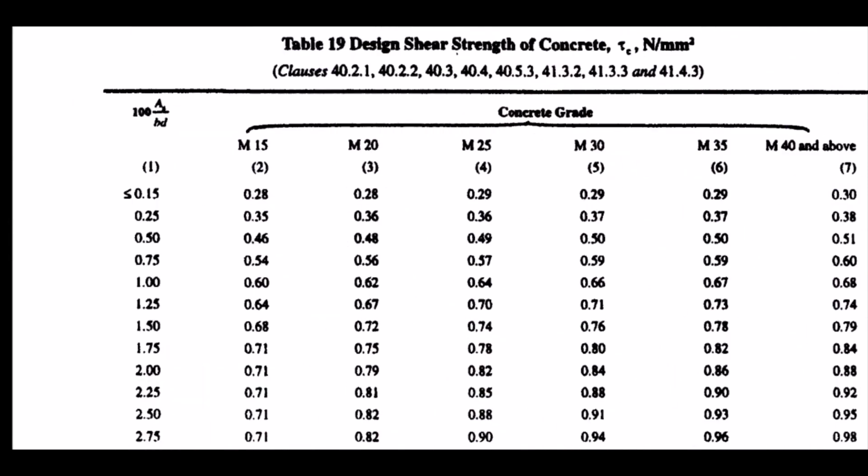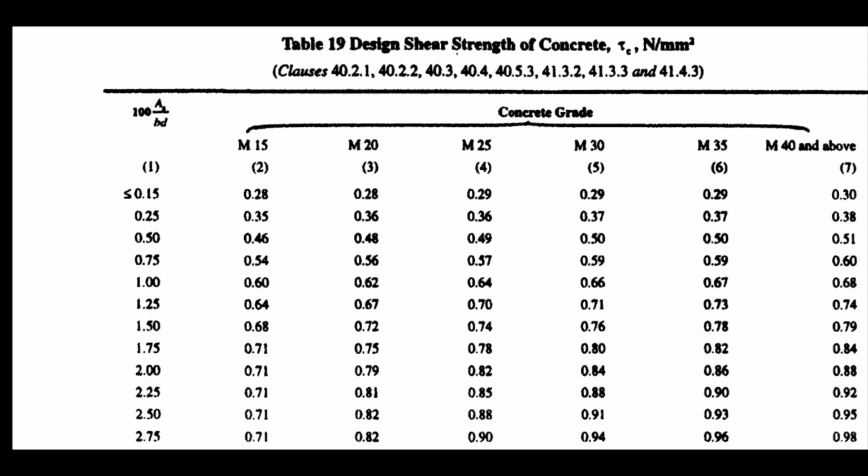Now this is table number 19 of IS 456 2000, design shear strength of concrete tau C in Newton per millimeter square. The first column is 100 Ast by BD, that means the percentage of steel, which is 0.33 in our case. There is no value for 0.33, but 0.33 lies between 0.25 and 0.5.